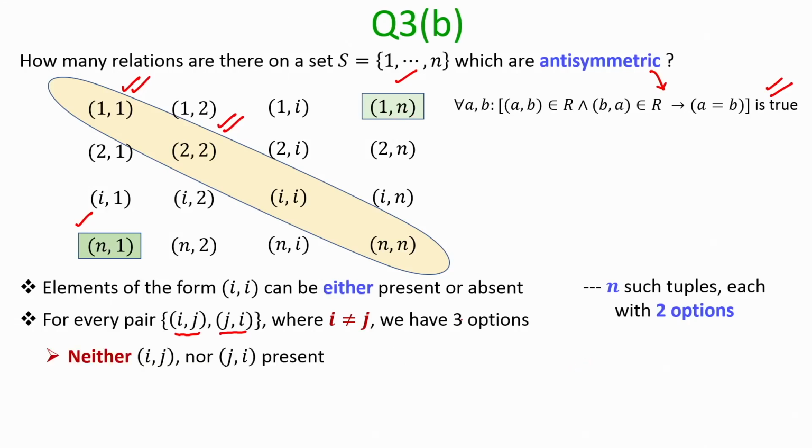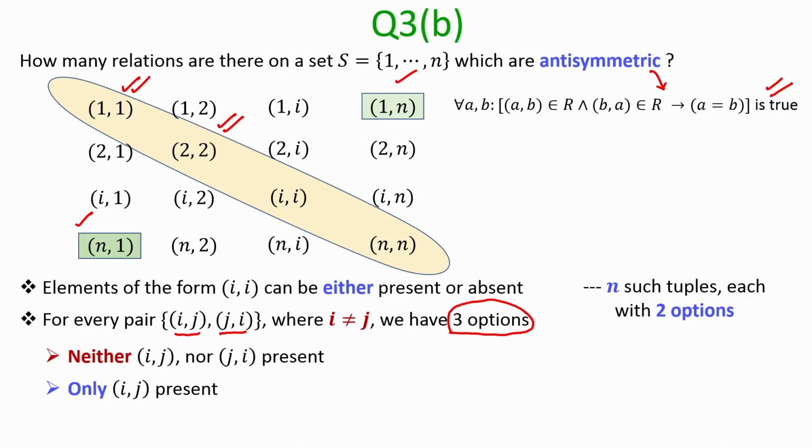I have three possibilities here. Possibility 1, that neither (i, j) nor (j, i) is included in my relation R. So, for instance, I do not include (1, n) and I do not include (n, 1) in my relation. That is fine, that still satisfies the requirement of an antisymmetric relation.